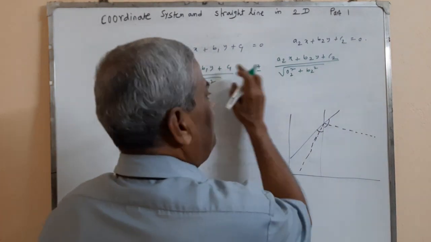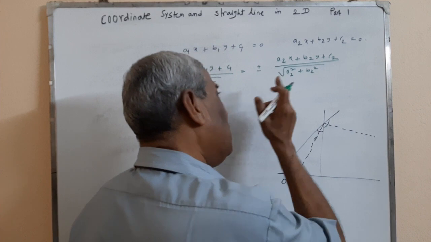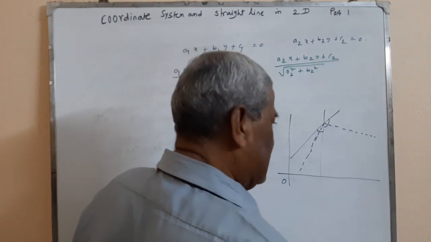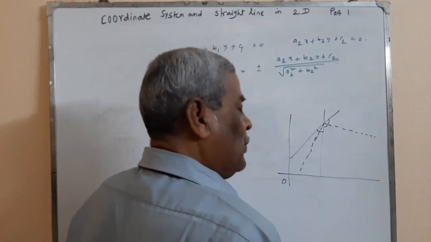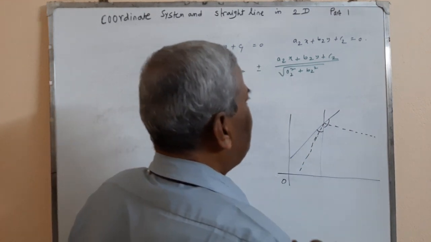If one is positive and the other is negative, we have to choose the negative sign. Then that will give you the equation of the bisector of the angle which contains the origin.